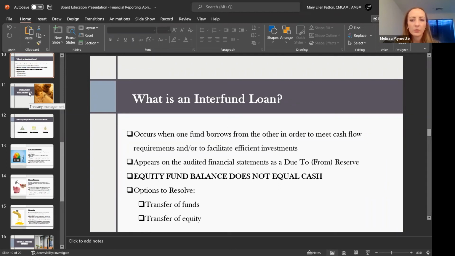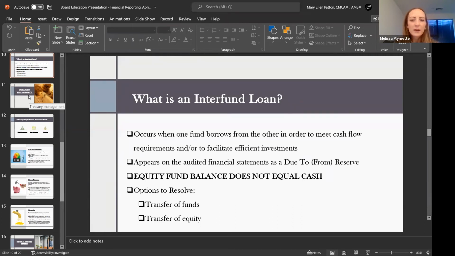Another option would be to actually transfer the equity. A situation where you might do this is if the association has a large operating reserve, maybe in excess of what is really practical for that association. Say, for example, the association has $30,000 a month in operating expenses, and they have a $200,000 operating reserve.